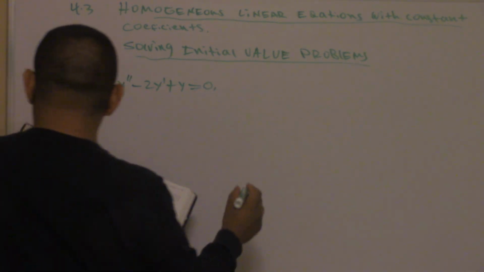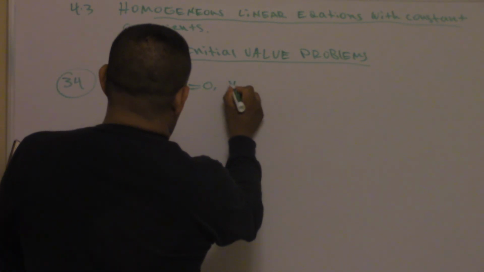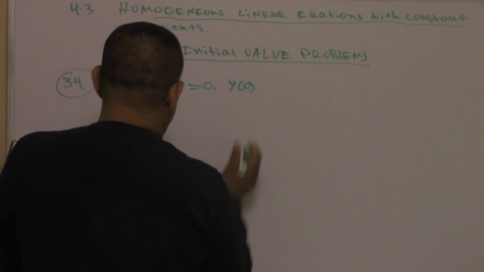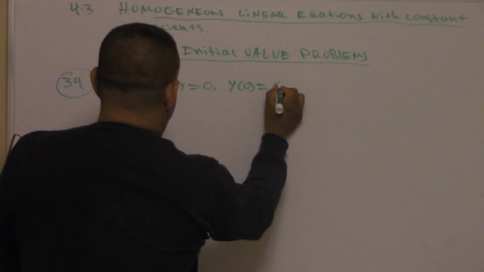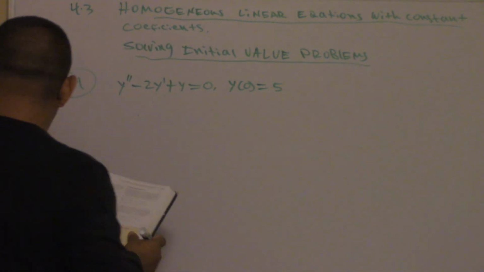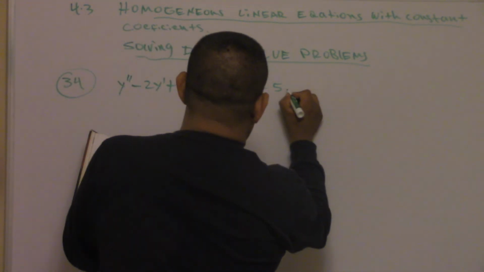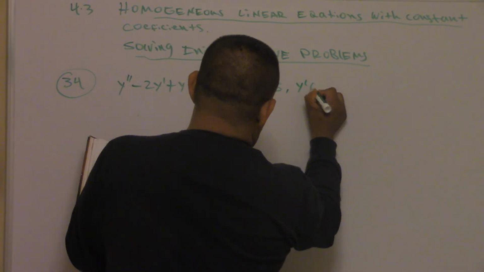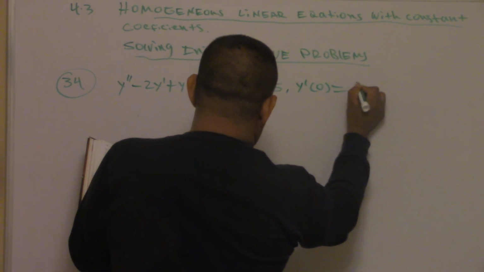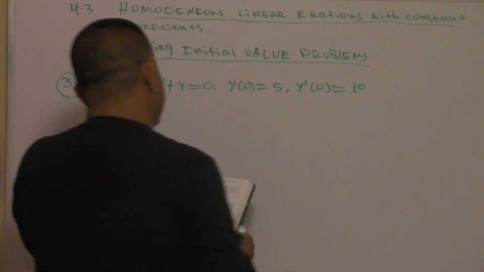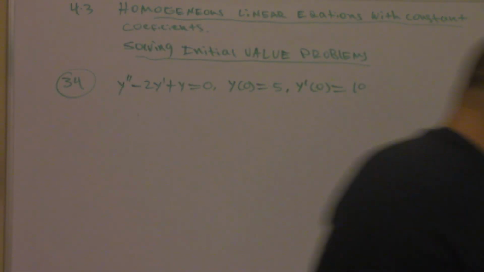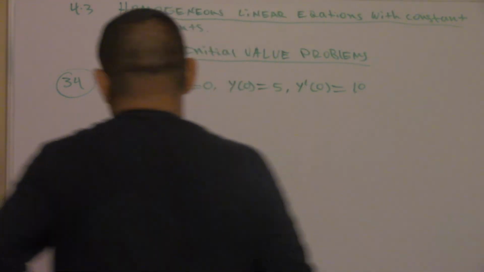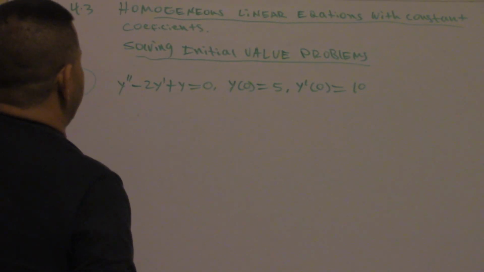And the initial conditions are y at 0 equal to 5 and y prime of 0 is equal to 10. So we are going to do this problem and see what we get.